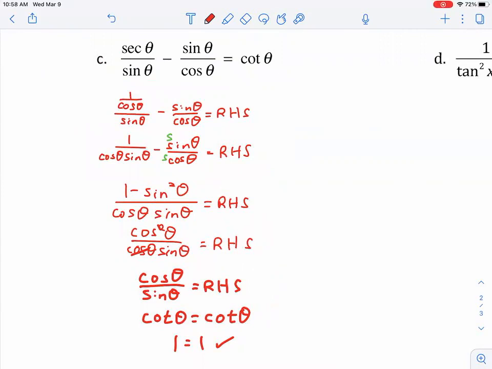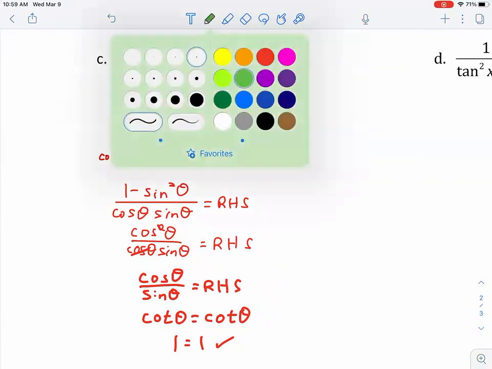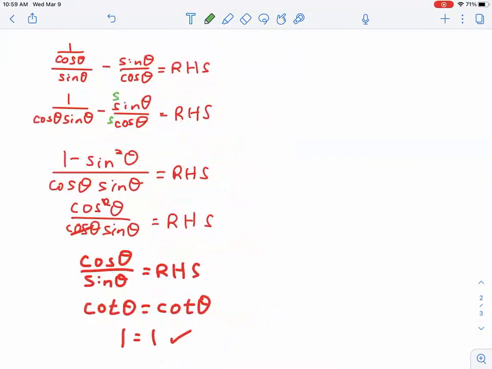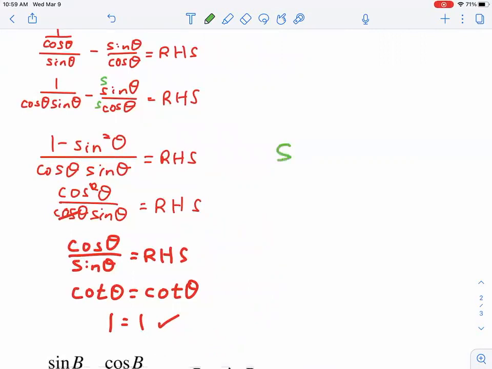Yes. Yeah, so the question was, and this is a real common one, how did this turn into this? So remember that the trig identity of sine squared theta plus cosine squared theta is equal to 1. And that is accepted as true.